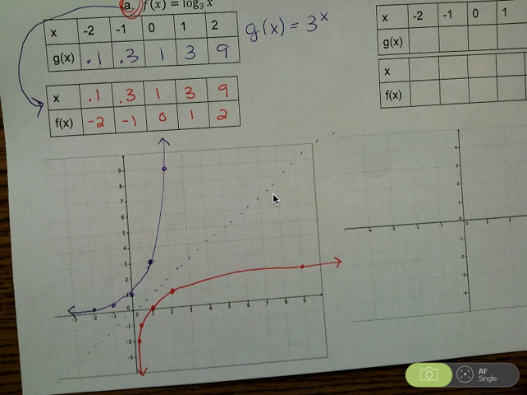So on Big Ideas, make sure that you graph the correct one. Beautiful. Why don't you try the next one?